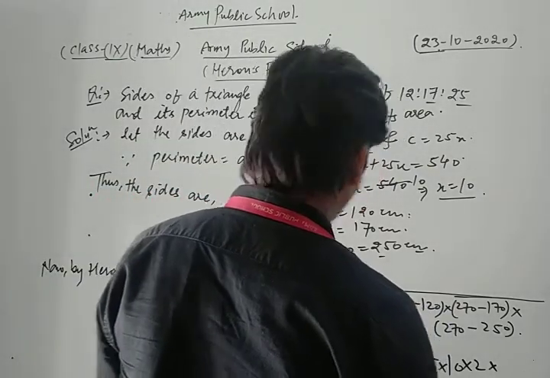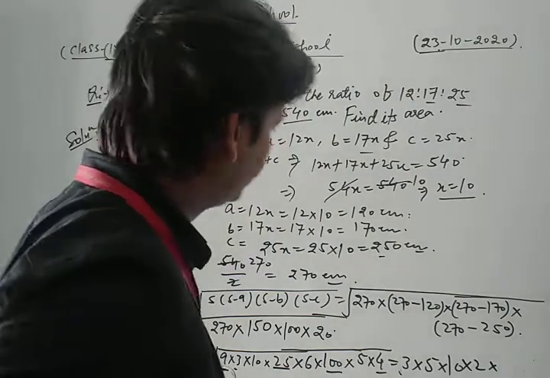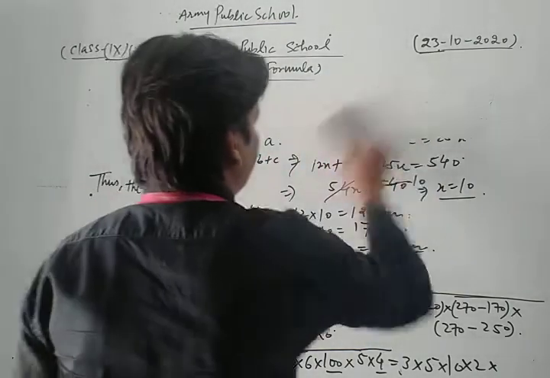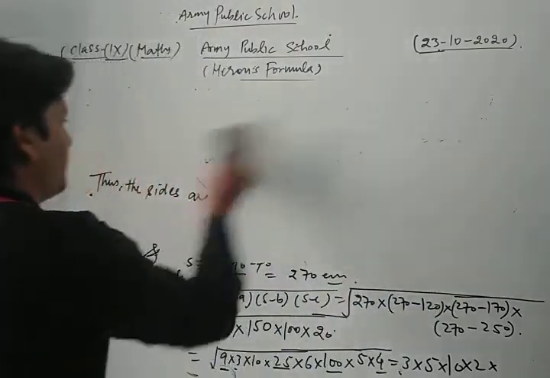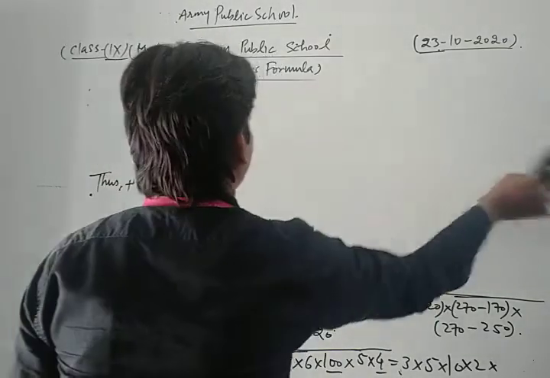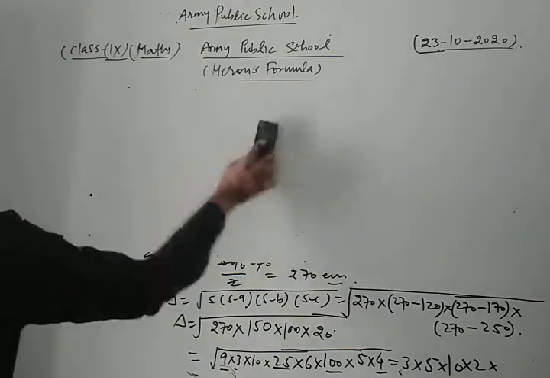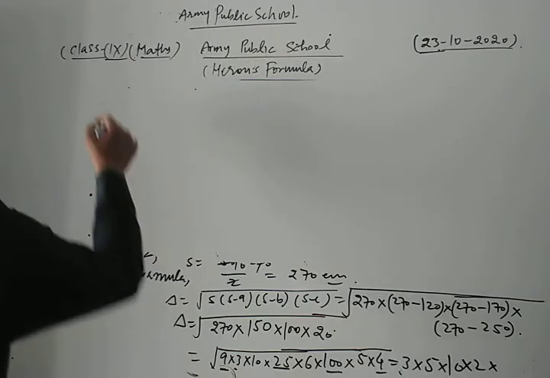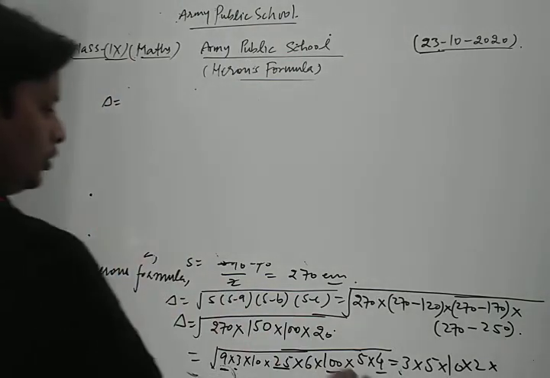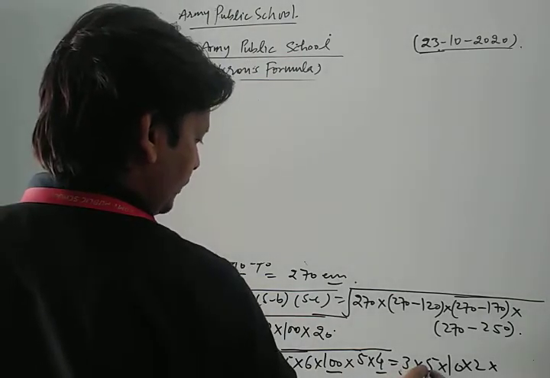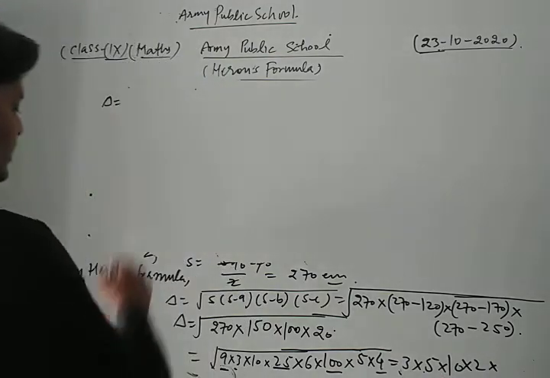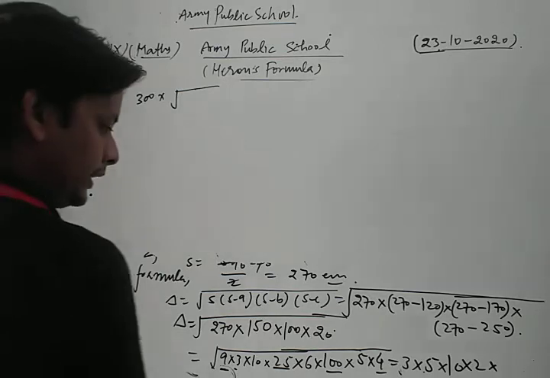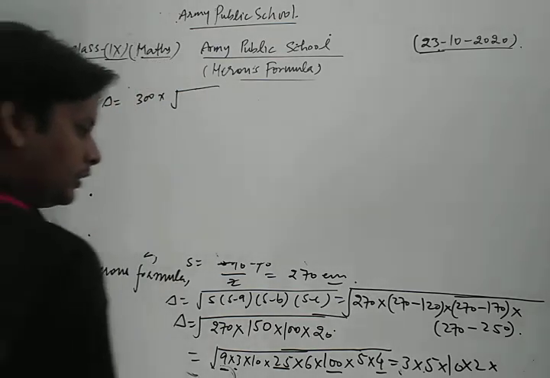Now delta is equal to 3 5s are 15, 15 2s are 30, 30 10s are 300, into under root.